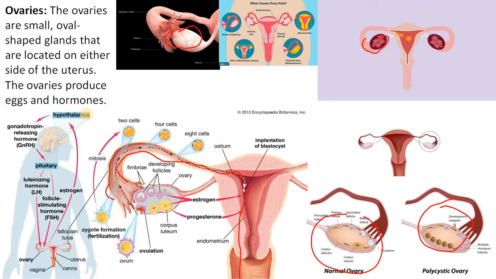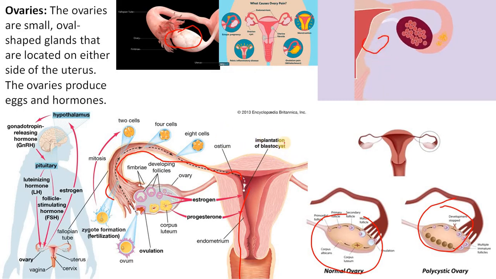You need to know the location. It is located on one side of the lower abdomen, and each ovary is covered by a thin epithelium which encloses the ovarian stroma. And the ovarian stroma is divided into two zones: a peripheral cortex and an inner medulla.